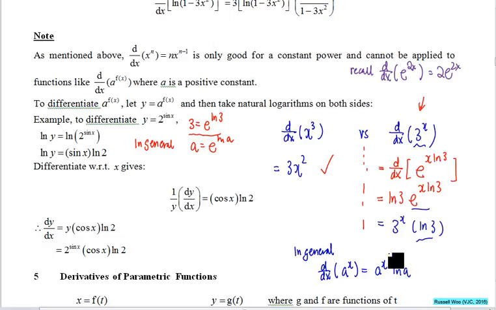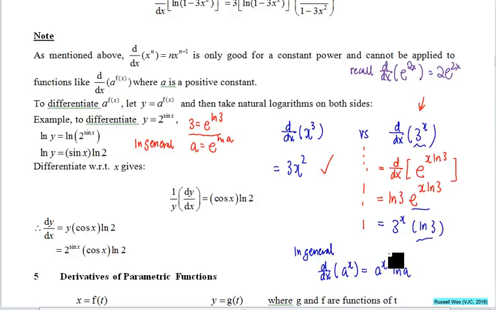Because differentiating 3 to the power of x, you have 3^x ln 3. The red part is the proof. Now, if you can easily prove it, I don't think there's a problem. You don't need to memorize. If you indeed want to memorize, then this is the one. Okay? Any problems? All good?